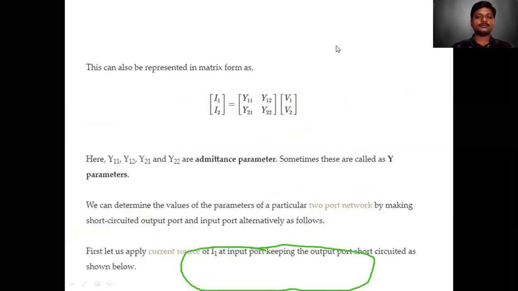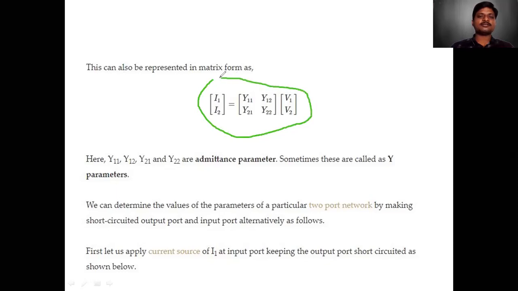Now, the same admittance characteristic equations can be represented in the form of a matrix. You can also do this for Z parameters. Here you will get four types of admittances just like impedances: Y11, Y12, Y21 and Y22.